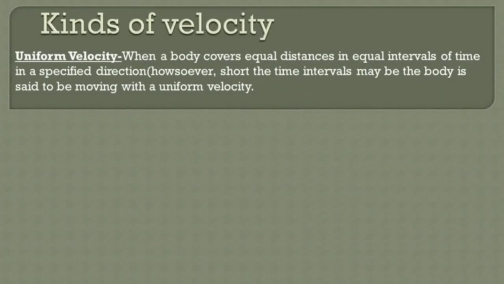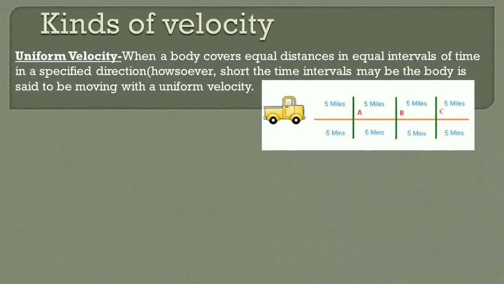When a body travels in a straight line, or we can say in a particular direction, and covers equal distances in equal intervals of time, it is said to have the uniform velocity. Suppose in this given diagram, you can see this truck is traveling 5 miles at each position A, B and C, in intervals of 5 minutes each.